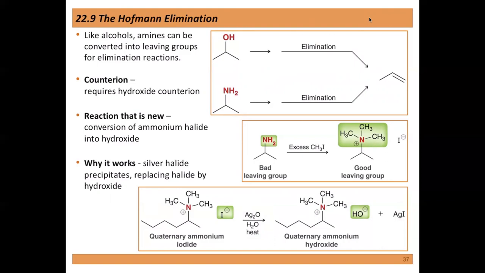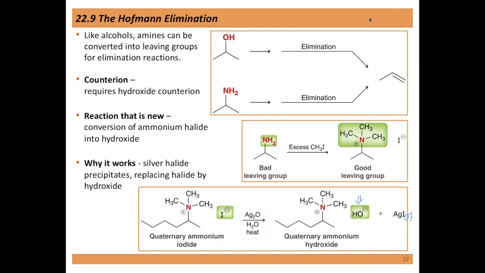Remember your Gen Chem solubility rules. Silver halides were insoluble. So what happens when you mix this silver oxide and water is it actually pulls out the silver halide as a solid and replaces the counter ion with a hydroxide. And so you get this ammonium hydroxide.